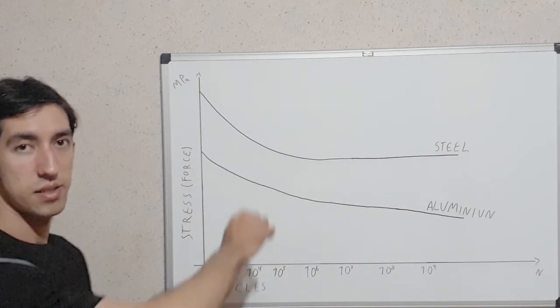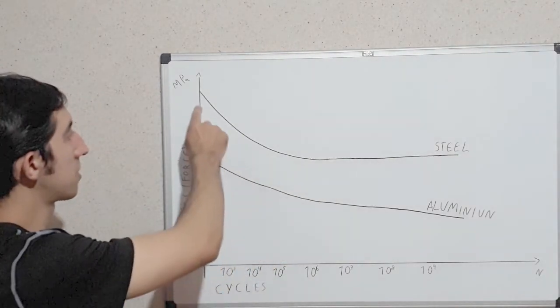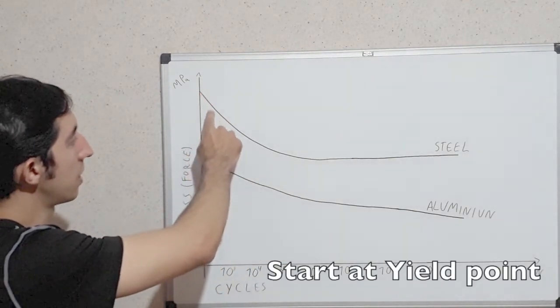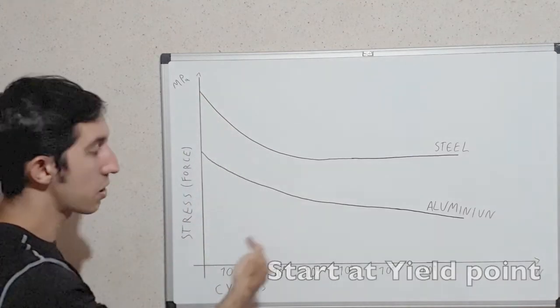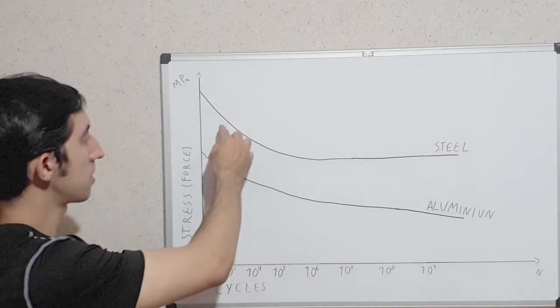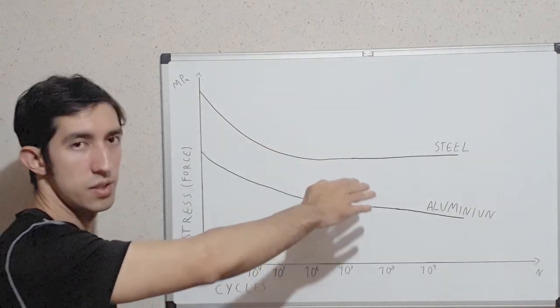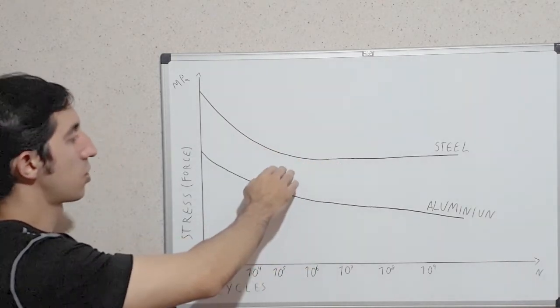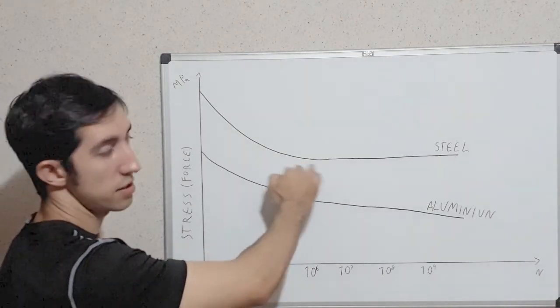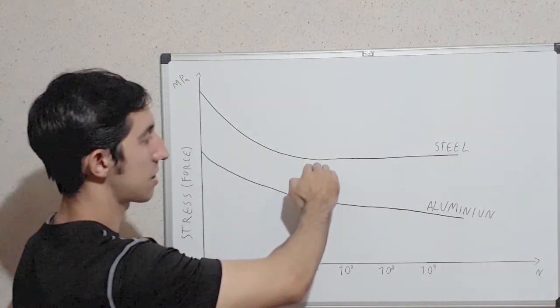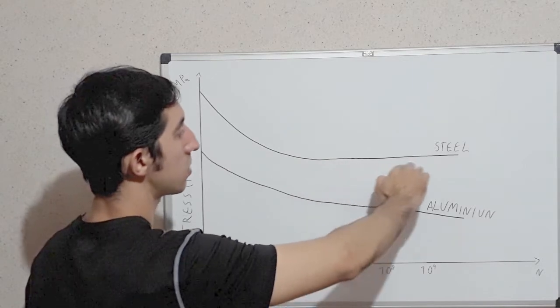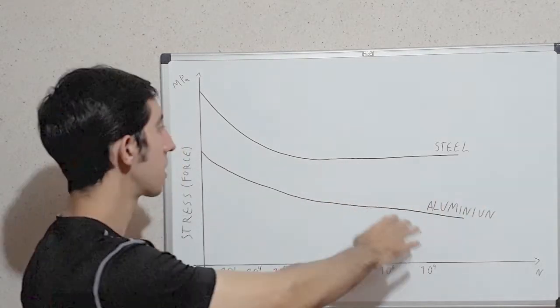Let's take this steel for example. It starts its life here, and as the number of cycles increases, the steel tends to lose its strength through time. So here in this elbow, the steel stabilizes and goes on to infinite life.